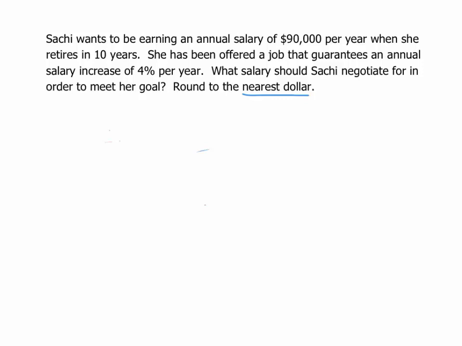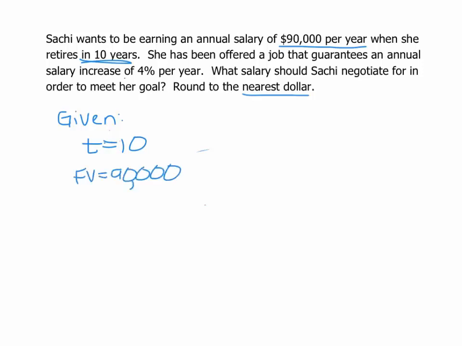Sachi wants to earn $90,000 per year when she retires in 10 years. So thinking about our given information, we know we're talking about a 10-year period, and the $90,000 is what she wants to earn at the end of 10 years. So that $90,000 is my future value.